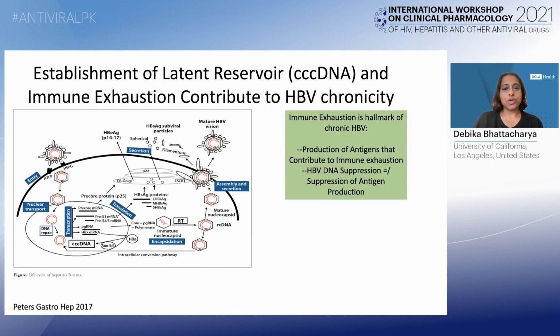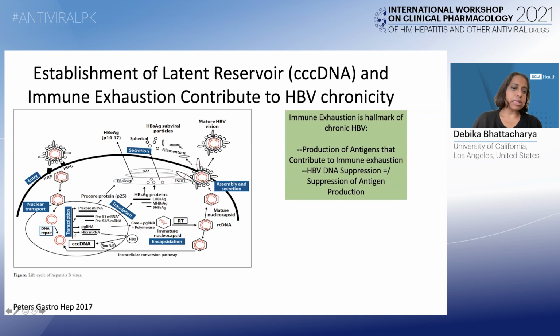So here I want to highlight both the establishment of the latent reservoir in hepatitis B and also the importance of immune exhaustion. This is a very complicated diagram here on the left-hand side of the hepatitis B life cycle. But what I want you to pay attention to here is the entry of the hepatitis B virus into the cell, which comes into the nucleus here.